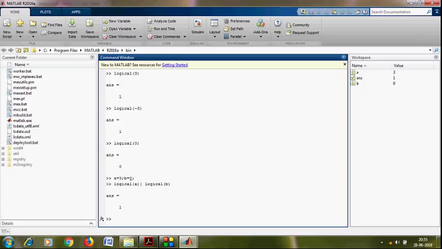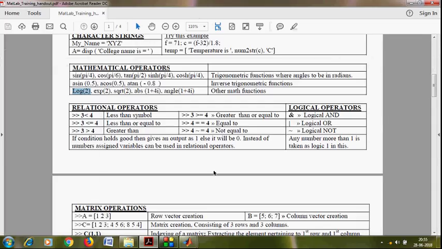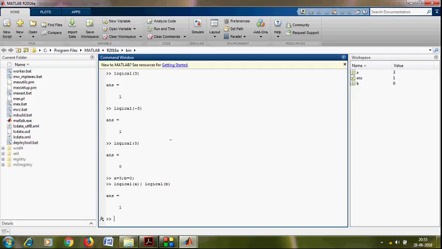So 1 or 0 is 1. You can try any of these, and you should get logical 1 or 0. You can check the data type is logical in ans, whereas A is double and B is double.